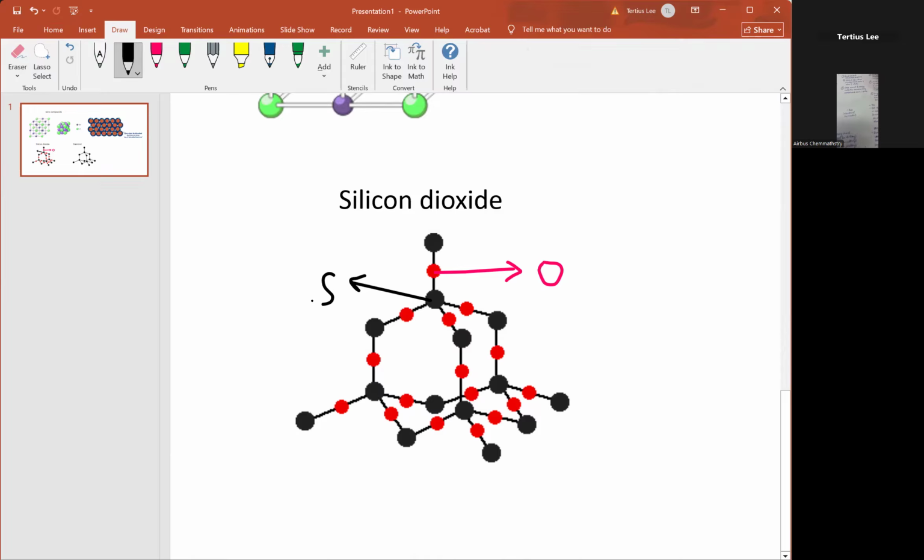Ultimately, if you notice, the ratio of silicon atoms to oxygen atoms is 1:2. Hence the formula SiO2.